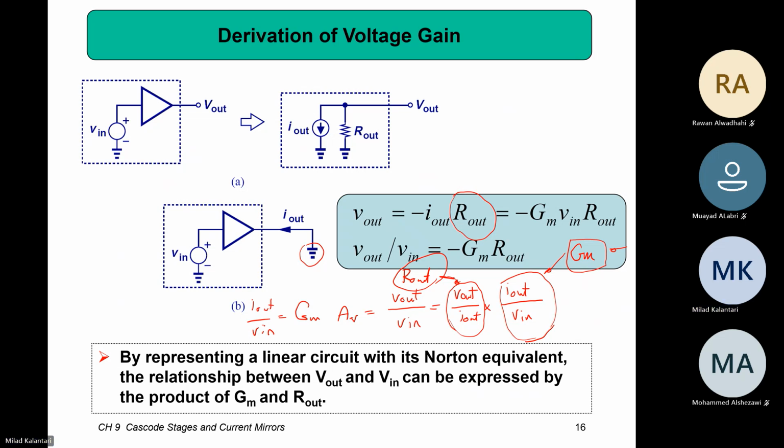That's why we are trying to find the R out of this cascode structure, because we are trying to increase the gain. And we were seeing that the R out of the cascode can be beta times higher than the normal.